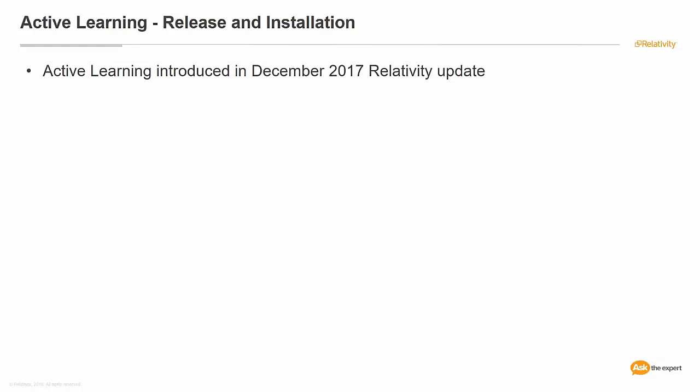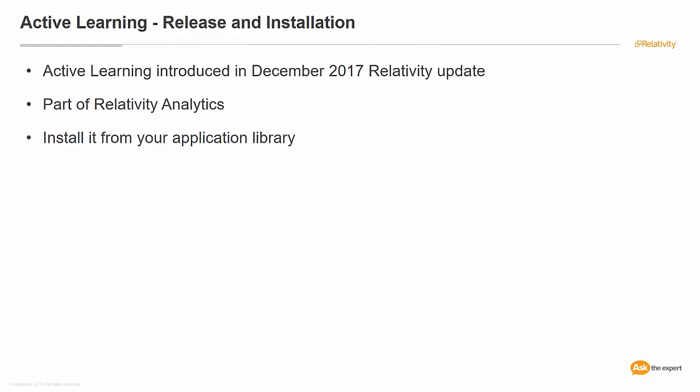As far as when active learning became available, we introduced it in the December 2017 Relativity monthly release. It is part of Relativity Analytics, so if that's part of your subscription, you will have this as of the December release. It's an application, fairly straightforward to install.